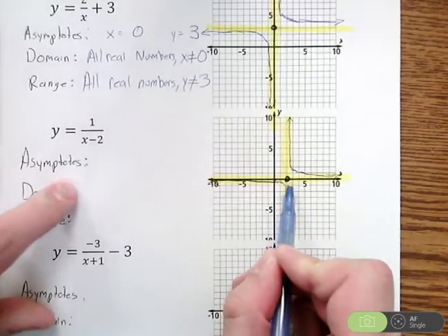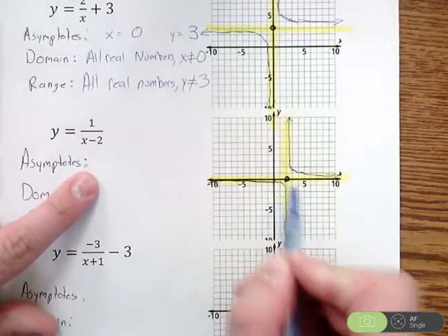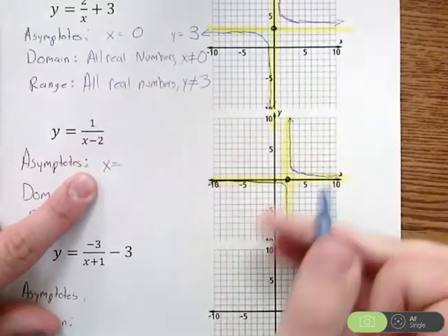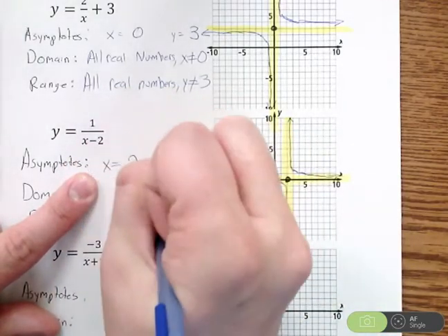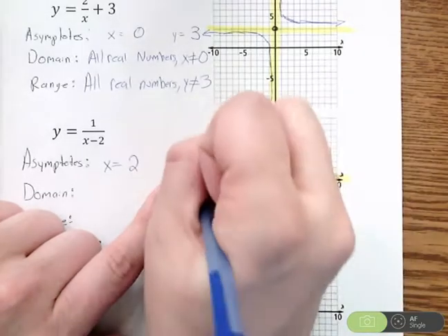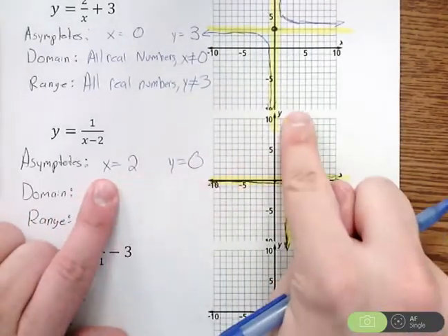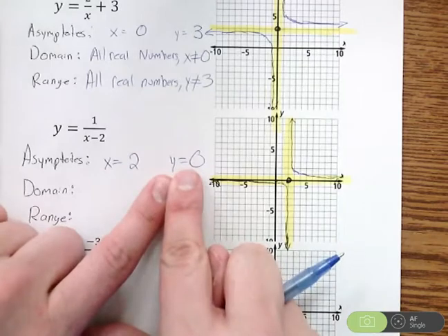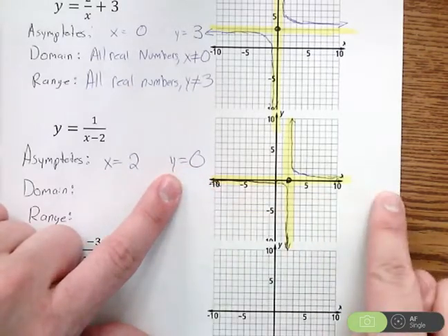Just name the coordinates of that center point. So the x value is 2, and my y value is 0. So my vertical asymptote, x equals 2. My horizontal asymptote, y equals 0.